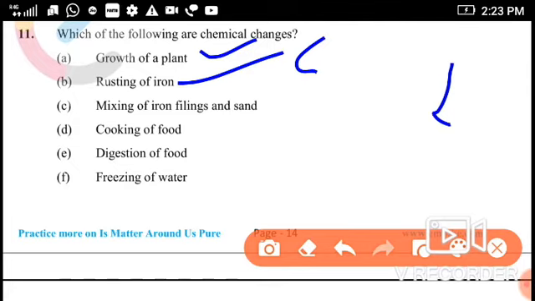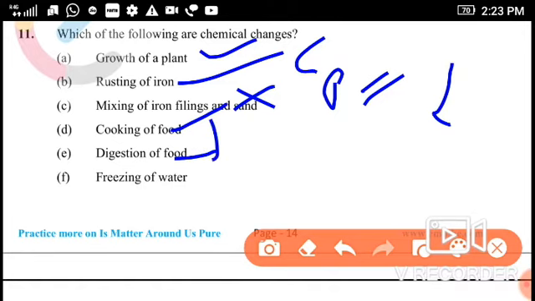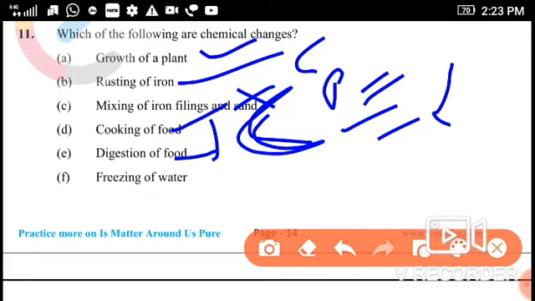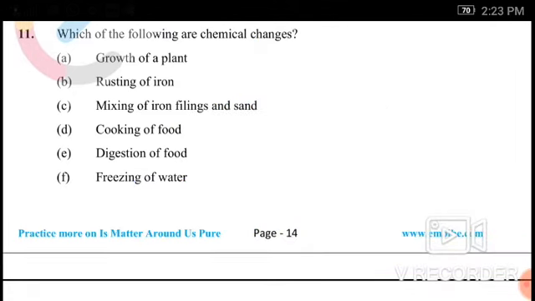Mixing of iron filings and sand is a physical change, not a chemical change, because we can separate them and no new substance is formed. Cooking of food and digestion are both chemical changes because chemical reactions take place. Freezing of water is a physical change because it is reversible. Ice can convert into water and water can convert into ice.